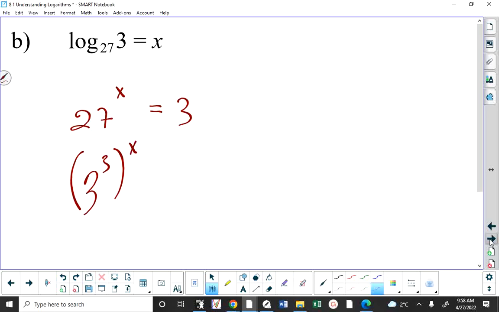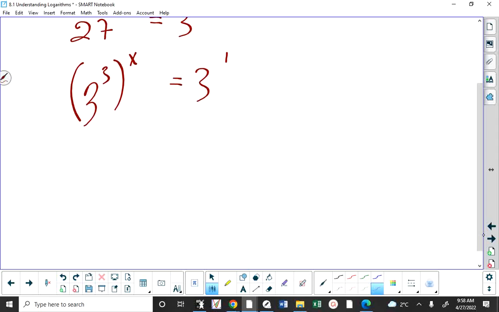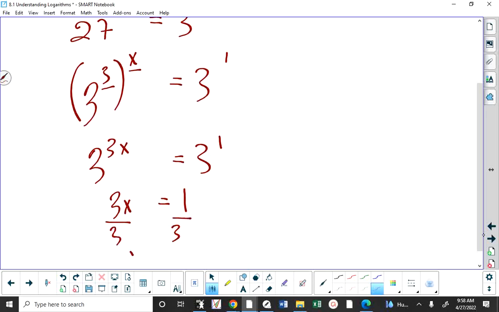This is raised to the x. This is equal to 3 to the 1. I have a power of a power, which is found by multiplying these two exponents to get 3 to the 3x. And that means the exponents 3x and 1 are equal. So when you divide both sides by 3, you get x equals a third.